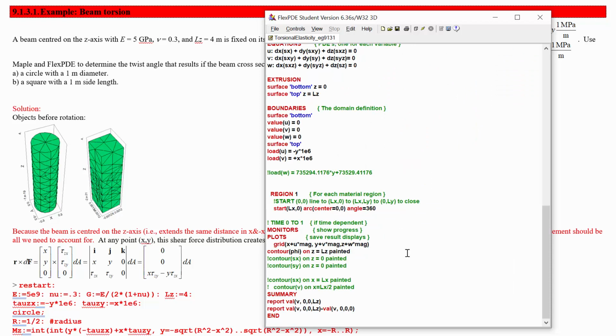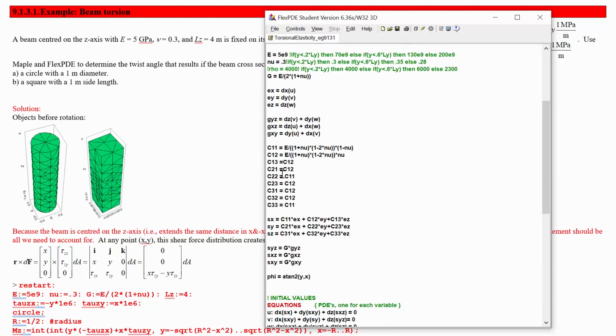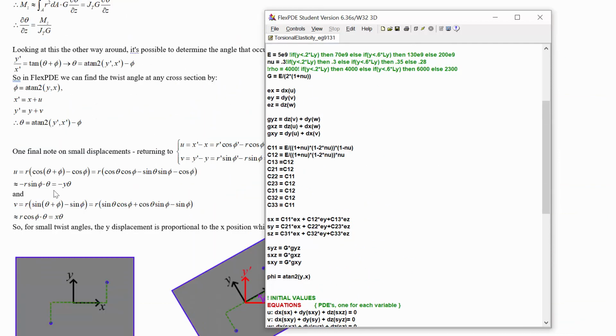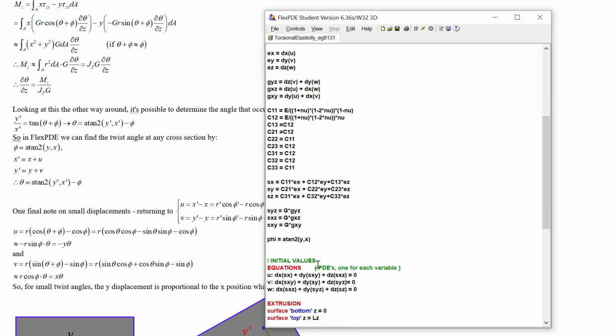All right. What next? Let's take this angle phi and then work out this calculation that we had here. So we've got phi. We can figure out what x prime is. X prime is going to be equal to x plus u. Y prime is equal to y plus v.